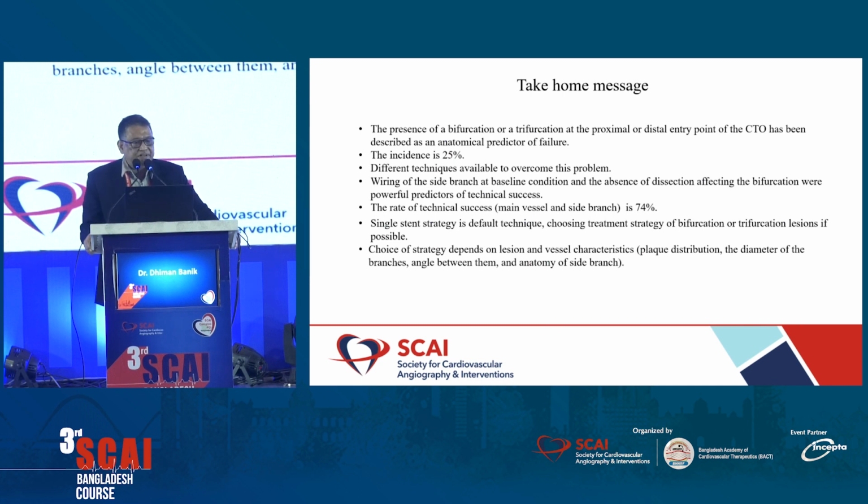The rate of technical success was about 74%. Single stent strategy is the default technique, choosing the strategy in bifurcated and trifurcated lesions if possible. Choice of strategy depends on vessel characteristics, mainly the blood distribution, diameter of the stent, angle of the disease, and anatomical side branch.